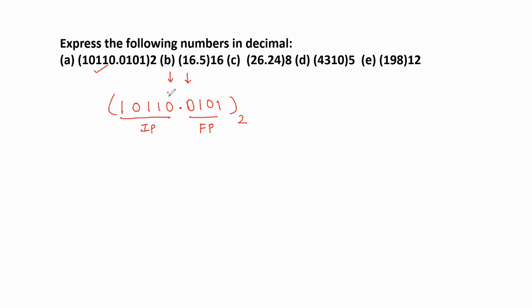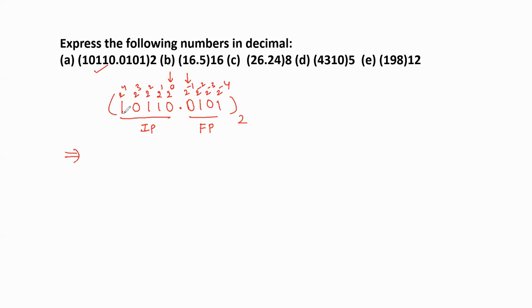So this starts with 2 power 0, then 2 power 1, 2 power 2, 2 power 3, 2 power 4. For the fractional part, it should be 2 power minus 1, 2 power minus 2, 2 power minus 3, 2 power minus 4.